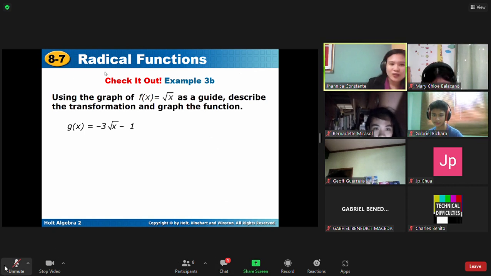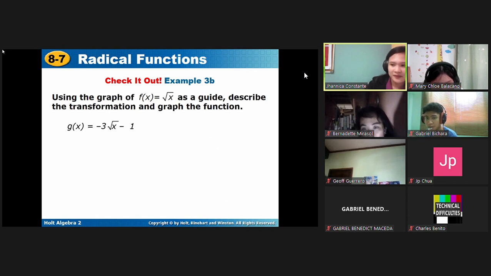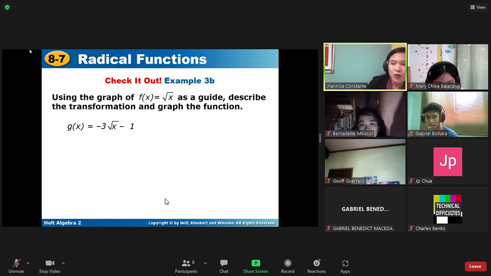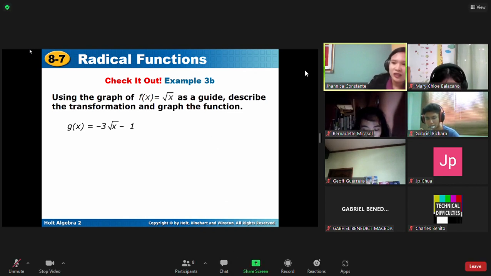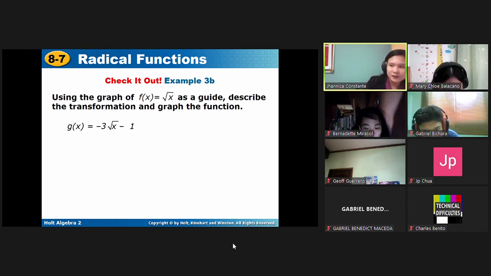Vertical stretch. Yes, it's still vertical stretch because we have a positive 3 for the a. So it's a vertical stretch, reflected to the x-axis and 1 unit downward. So that is the description that we can have for this radical function.